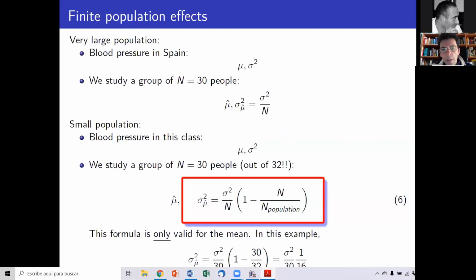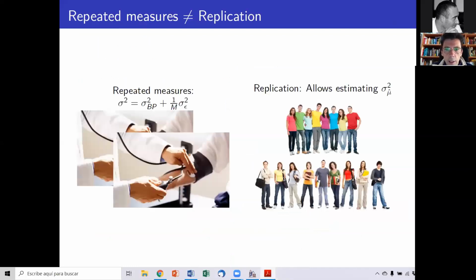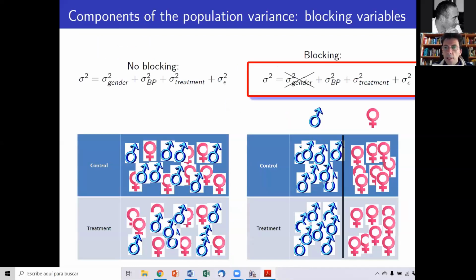And the same happens with factors. So when you are measuring blood pressure, men and women have different blood pressures.